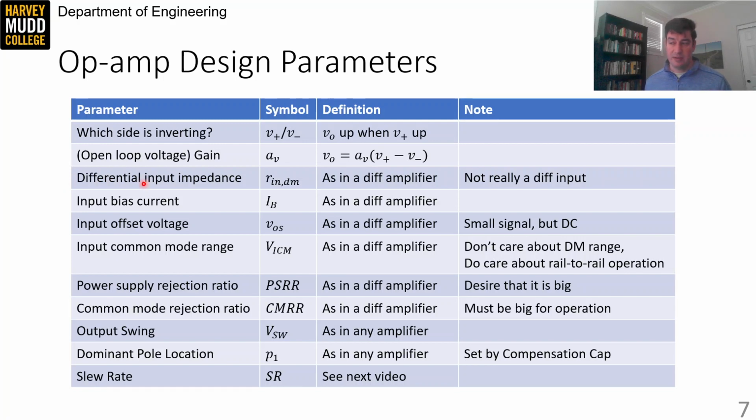And consequently, R_ID is an okay measure of the impedance that an input will see, even though there are some subtleties with how the impedance is affected by feedback, and technically the inputs aren't purely differential.